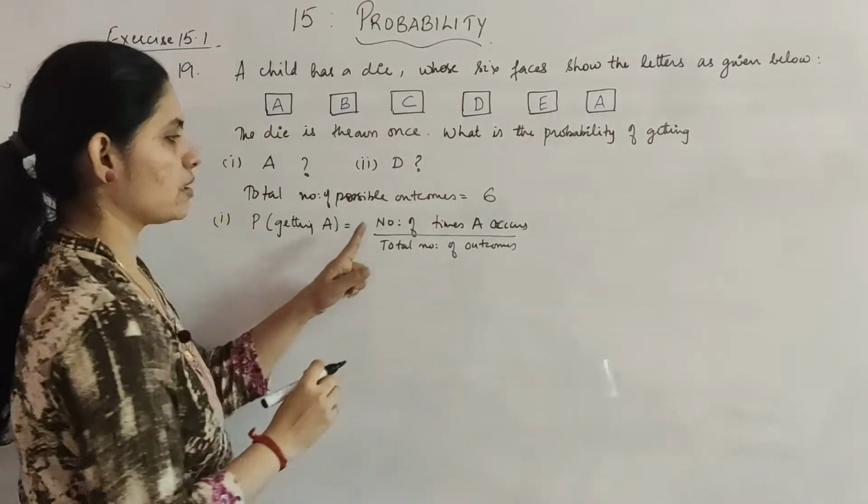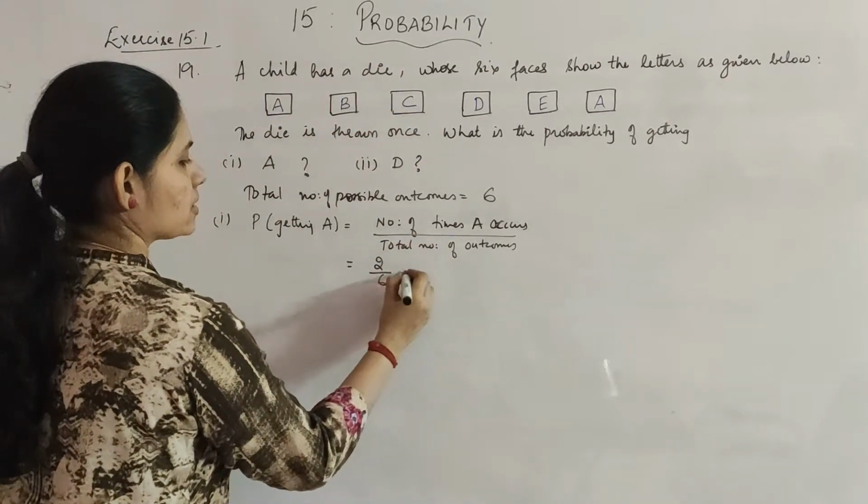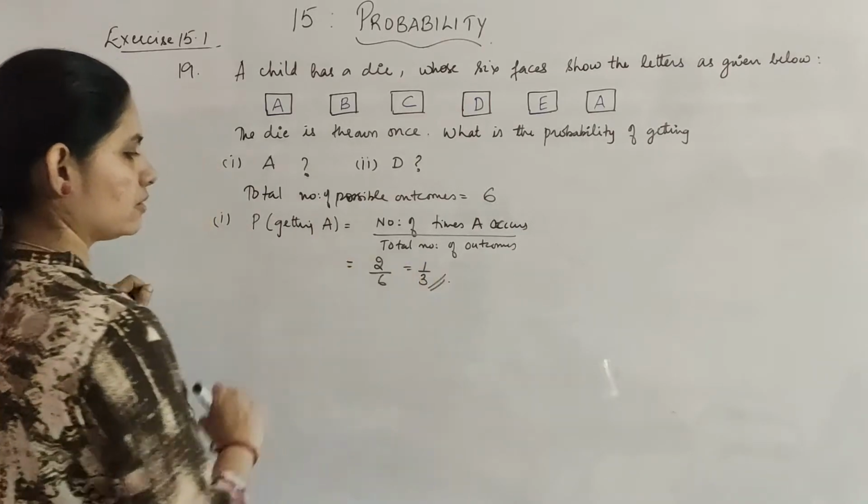So what you will get, number of times A occurs is 2 divided by the total number is 6, so it is 1 by 3.